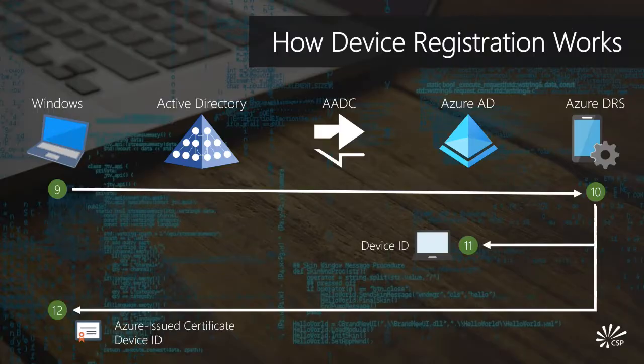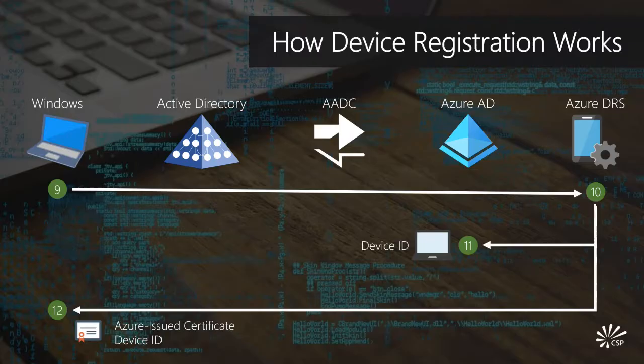So it's pretty much saying, hey, yeah, this is the same token that I issued you, but you're returning it to me with a signature using your private key, and I can decrypt that using the public key that you've provided. So I'm going to trust that private key and public key pair, right? This tells Azure that the device's signature is coming from the same device that started this entire process.